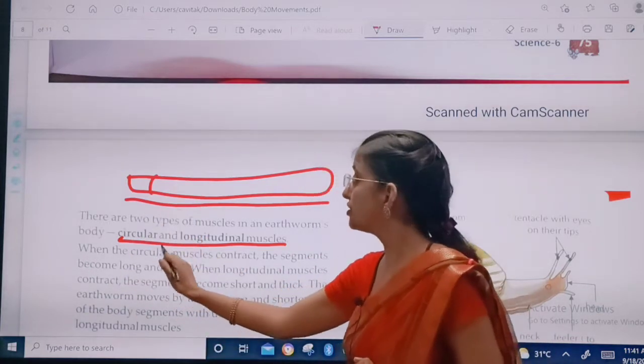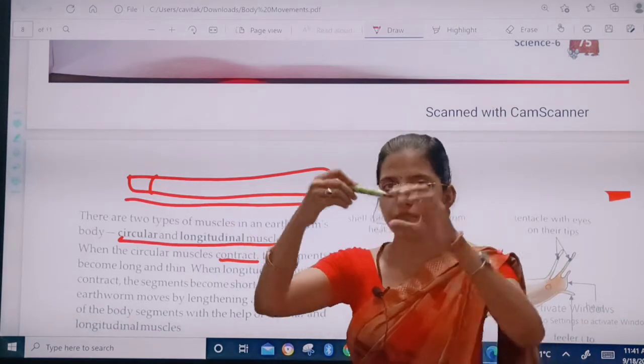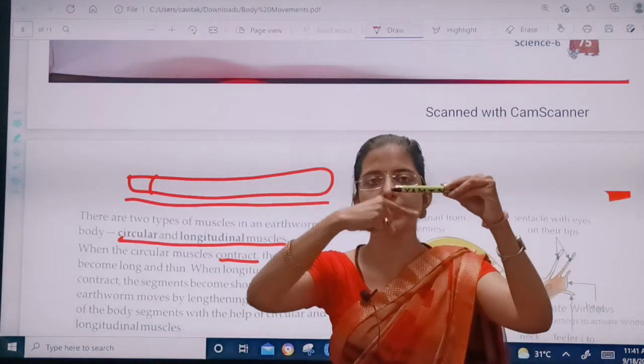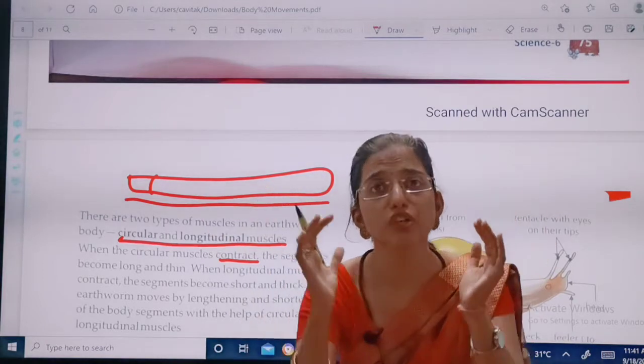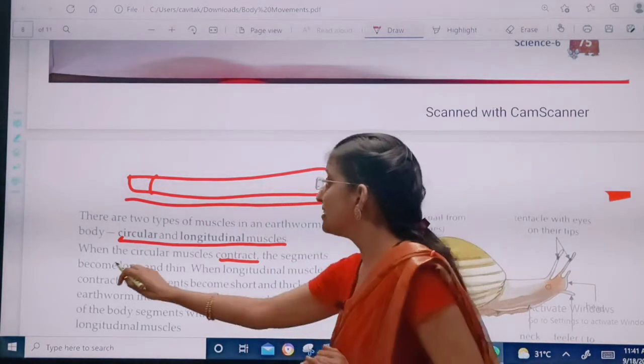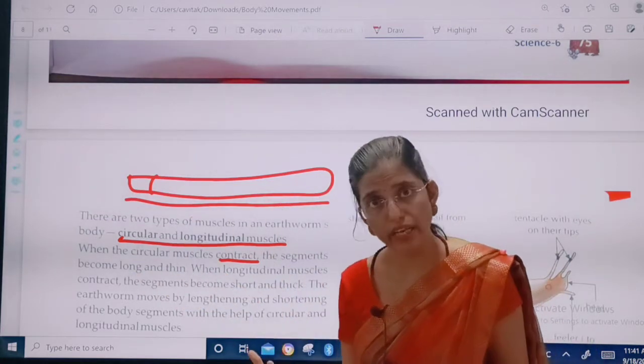When the circular muscle contracts, the segments become long and thin.